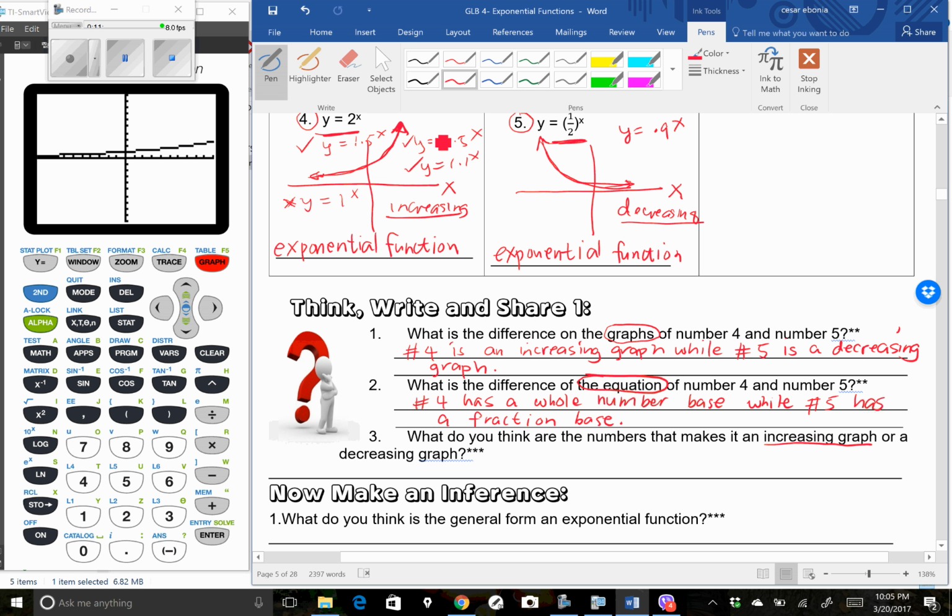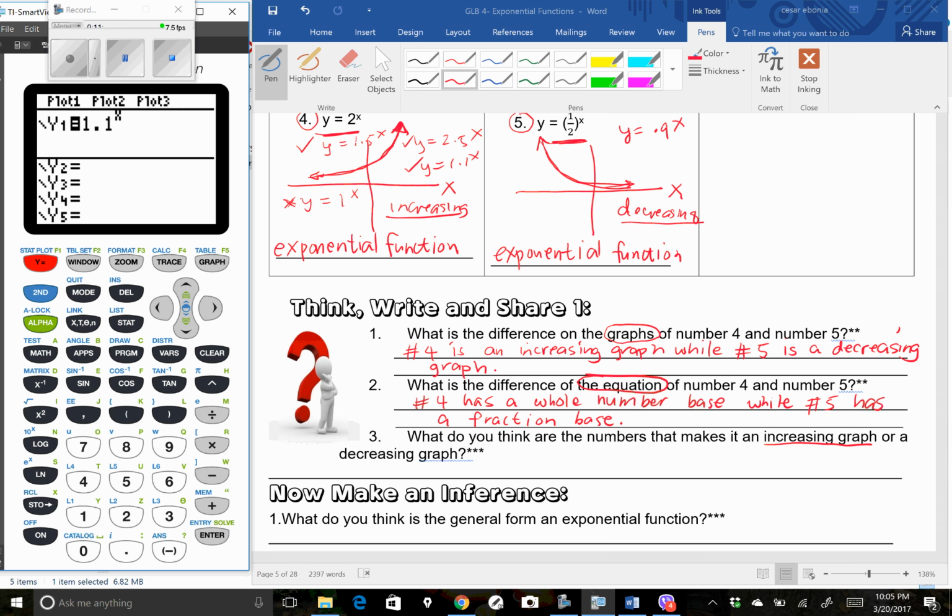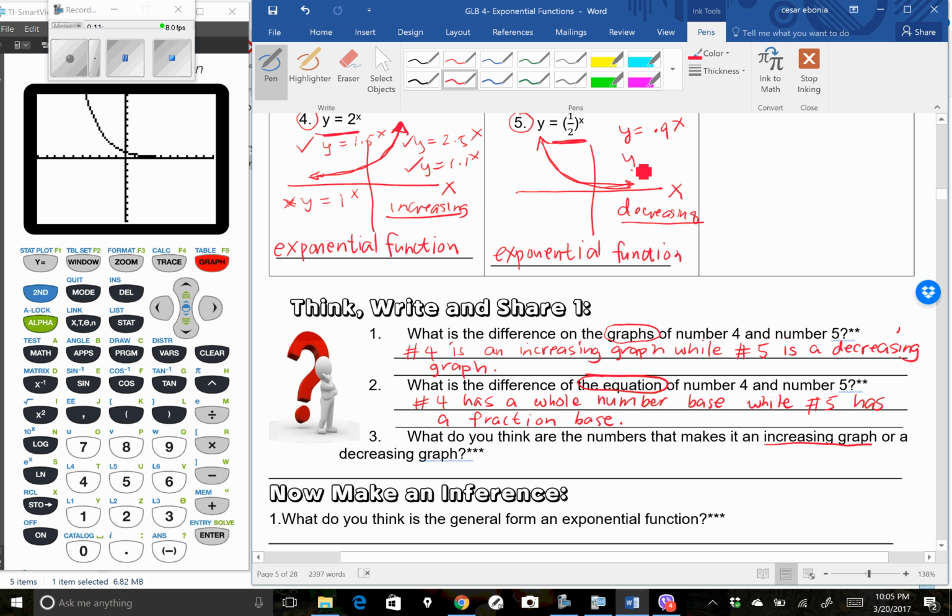What if I put 0.6, because 1/2 is 0.5, so I would like to have 0.6. So you have 0.6 exponent x graph. Okay, it is a decreasing graph. So y equals 0.6 to the exponent x is decreasing.